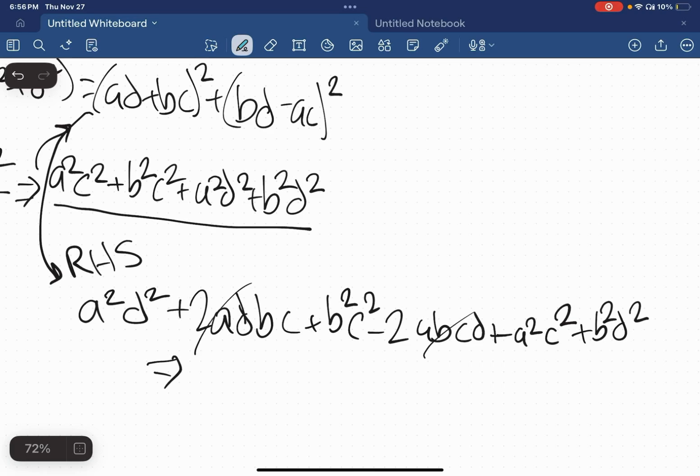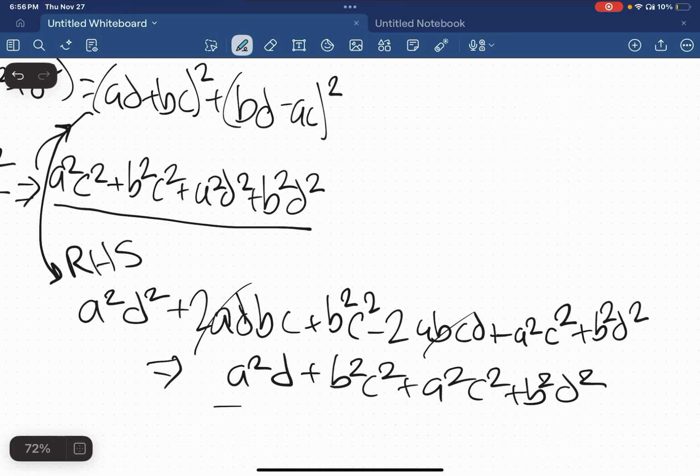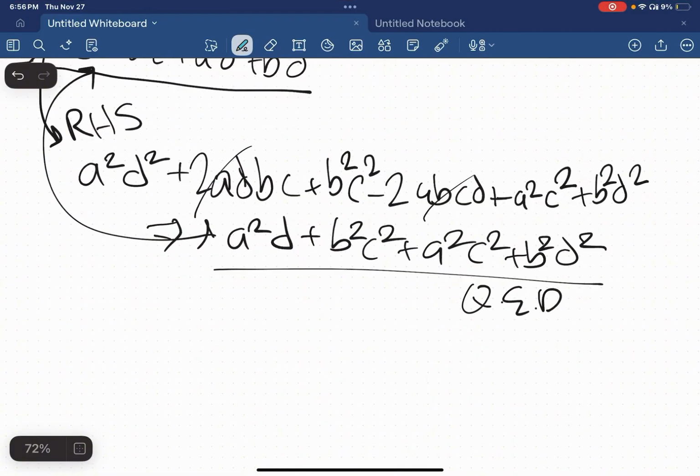This cancels. Actually, that was the only thing that canceled. Now we have a squared d squared plus b squared c squared plus a squared c squared plus b squared d squared. Hey, would you look at that? That equals that. So that is QED.